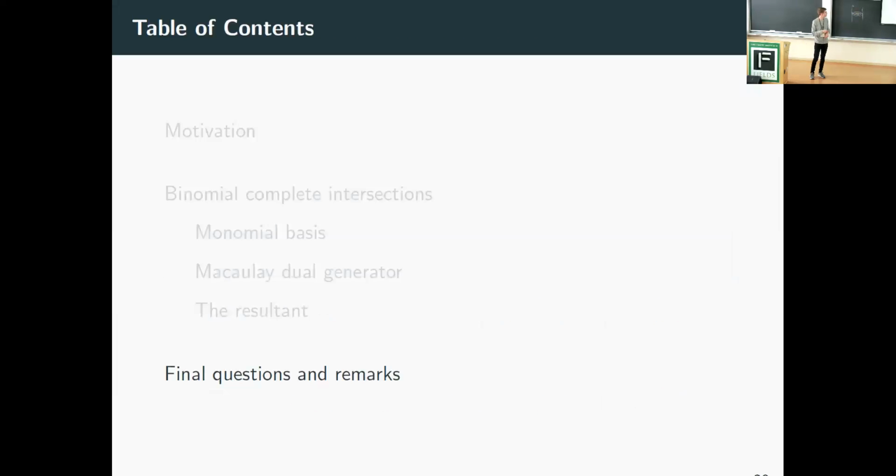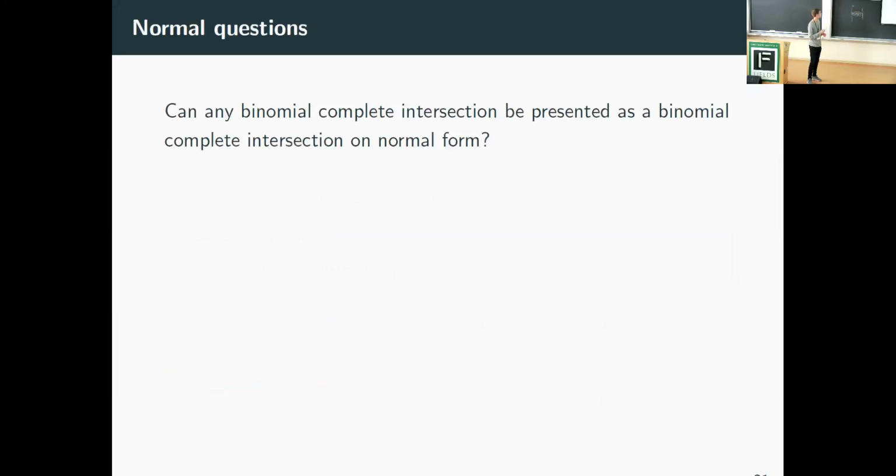Okay, but with that said, let's make some small questions we have related to all of these constructions to end with. First of all, we have looked at binomial complete intersections on normal form. So the question is, can any binomial complete intersection be presented as a binomial complete intersection on normal form?